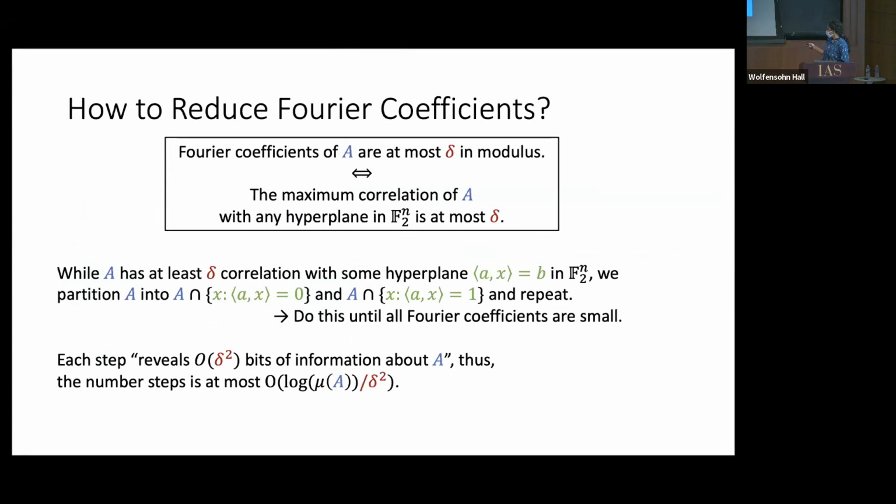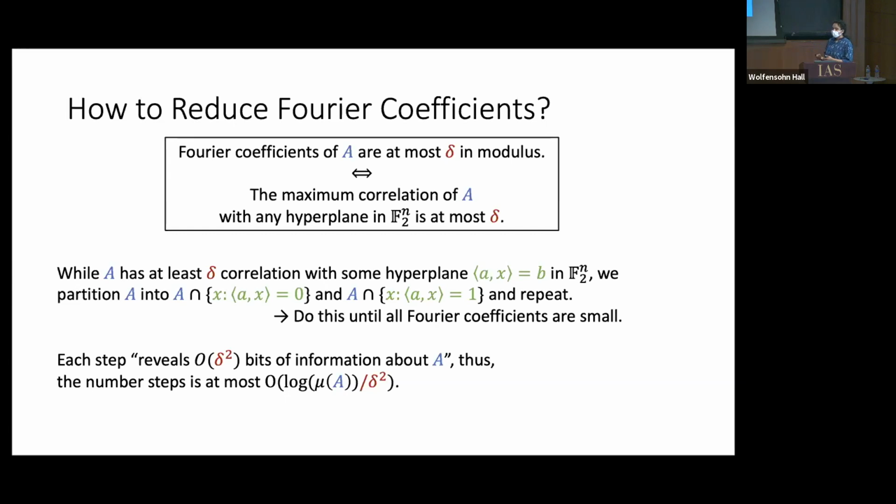Whenever you have a Fourier coefficient whose modulus is at least delta, it means that there is some hyperplane over F2 to the n such that the correlation of A with that hyperplane is larger than delta. So what we're going to do is break up that event A based on the value of this linear equation. And we're going to keep doing this until all the correlations with all hyperplanes are small.